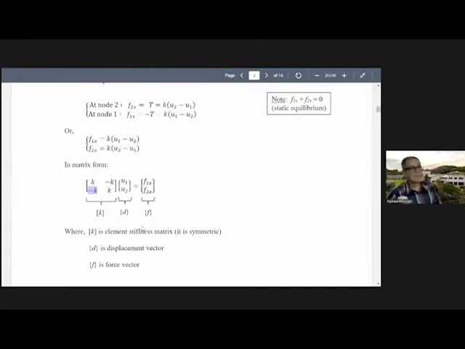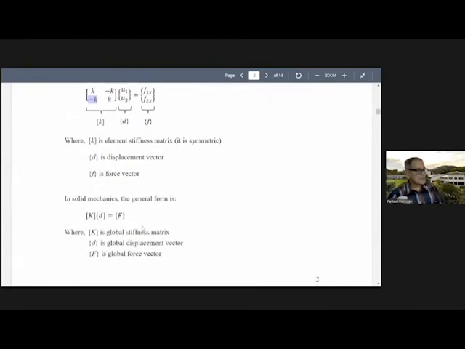Now, when we have a combination of elements, put them together, the general formula is KD is equal to F. This was lowercase k. This is uppercase K. This is global for all the spring elements in the system that we have.